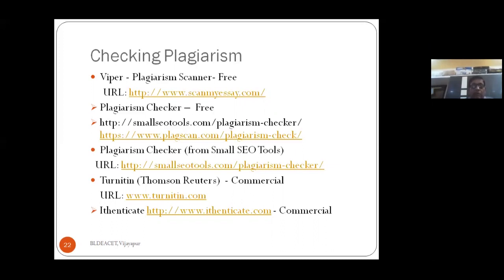And this is Smalltools.com plagiarism checker, and Plagiarism Checker, that is one. And Turnitin, the Thomson Reuters commercial version, at www.turnitin.com. I authenticated that also, it is commercial. But UGC has given a tool for all universities, that is open. I think if you are a member, they have given the service. But in our college we are using Turnitin.